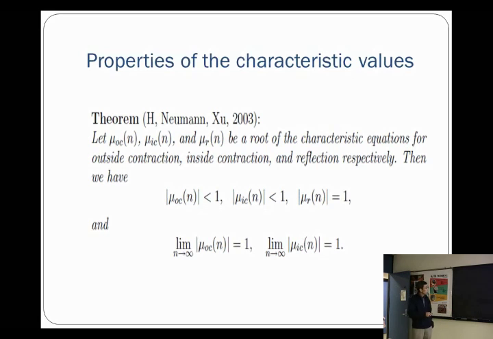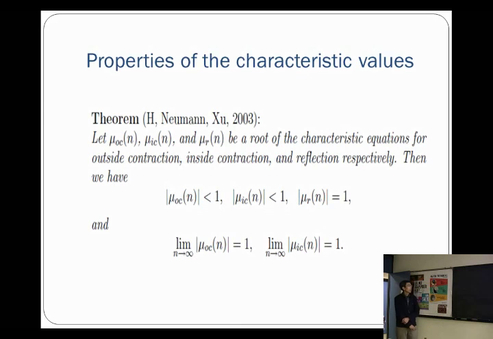We also proved the limit. If we let the dimension n go to infinity, both will converge to 1. Remember, we have a recurrence relation. The behavior of the solution, the vertices, depends on the characteristic values. Because of these two properties, the limits are 1 here.